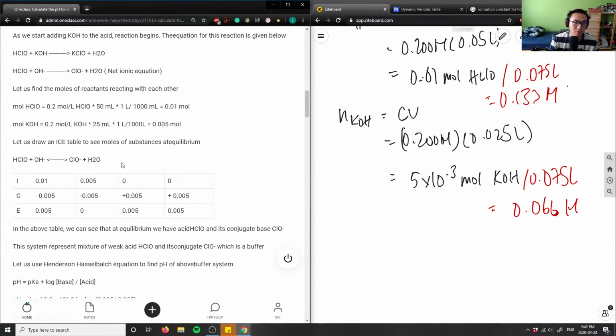And then they did an ice table to figure out which one's my limiting reagent. I have 0.01 as my acid and 0.05 as my base here. These are the initial amounts. I lose 0.05, I get 0 for my base, and I get 0.005 for my acid, which means my x value would be 0.05.